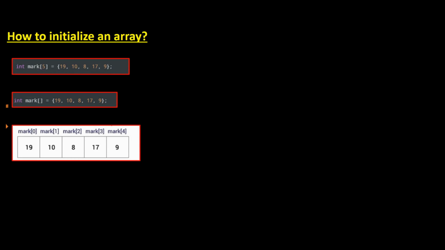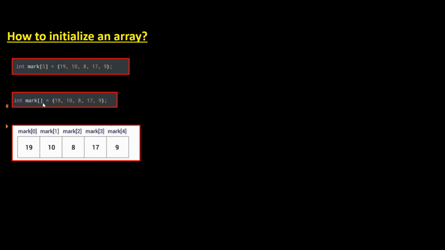How to initialize an array? There are two methods. If we already know the size of the array, we write int mark[5], and we give the elements of the array between curly brackets. The size is 5, and we give 5 elements.